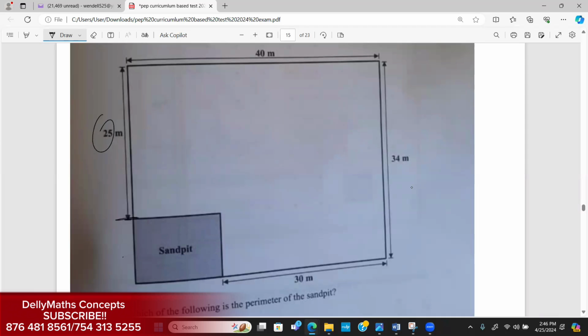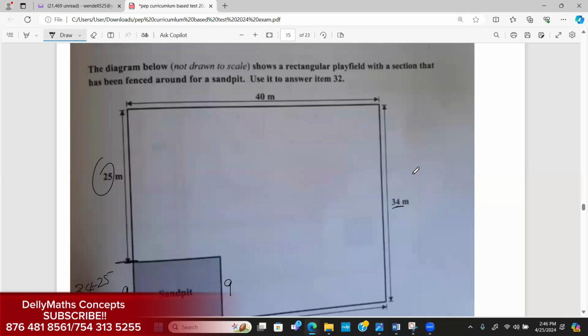25 stops right at the top of the sandpit. 34 goes to the bottom of the sandpit. So we're going to have to say 34 minus 25 here. And I think that's about 9, but I'm going to make sure that I don't make any mistake. So it's 34 minus 25, that's 9. So this length is 9 right here, which means that this is 9 over here as well. Yeah, it's 9 as well.